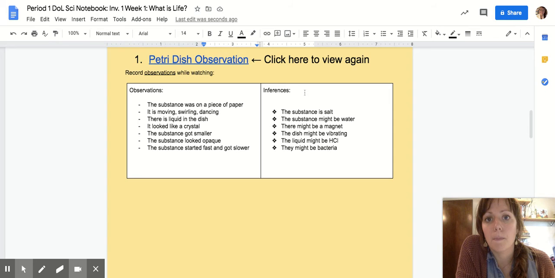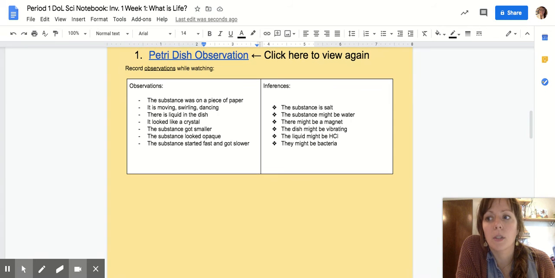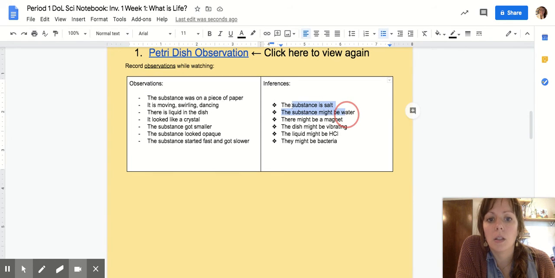Inferences are basically conclusions or even predictions of what's going on. So the substance is salt, the substance might be water, there might be a magnet. Those are inferences. We actually don't know if they're true. They're not directly observable. It's more of a prediction or a guess based on our observations.